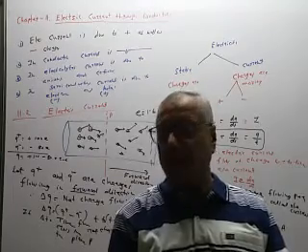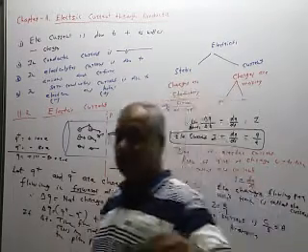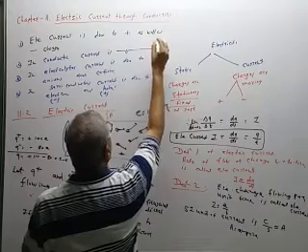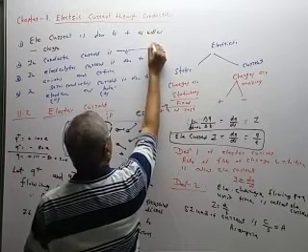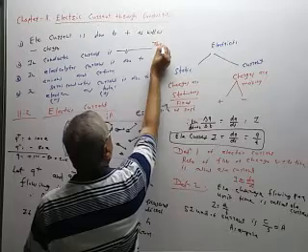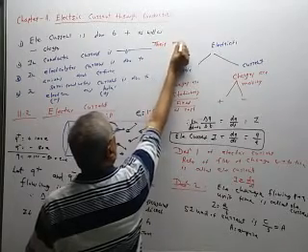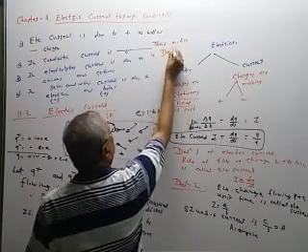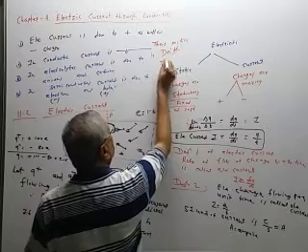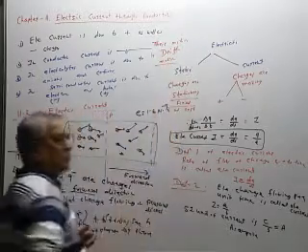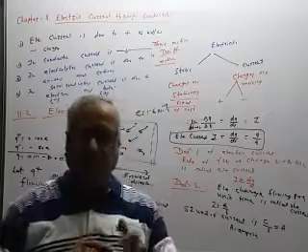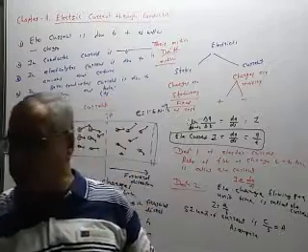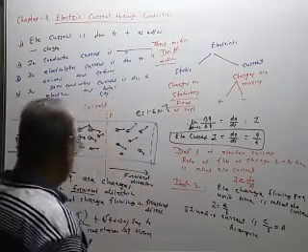That motion is called a drift motion. In drift motion, the electron has a certain speed that is called the drift speed, or drift velocity.